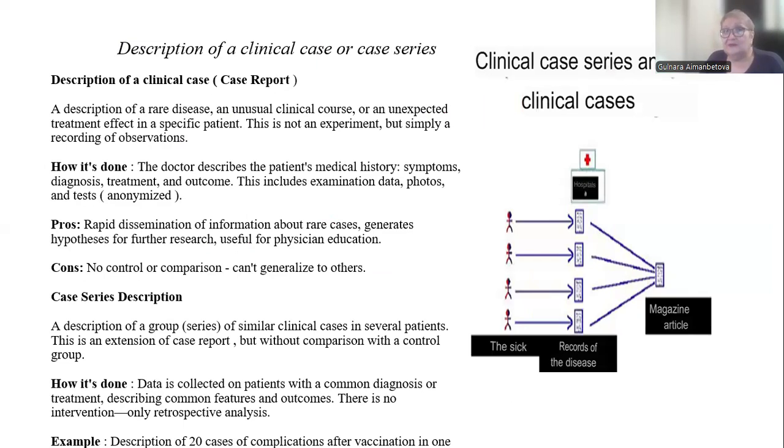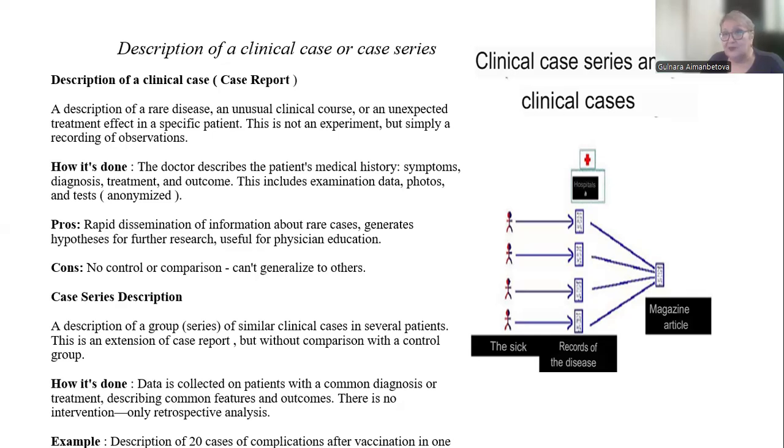Description of clinical case report. Description of rare disease, unusual clinical course, or unexpected treatment effect in a specific patient. This is not an experiment, but simply a recording of observation. How is it done? The doctor describes the patient's medical history, symptoms, diagnosis, treatment, and outcome.